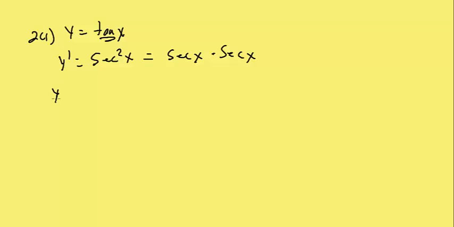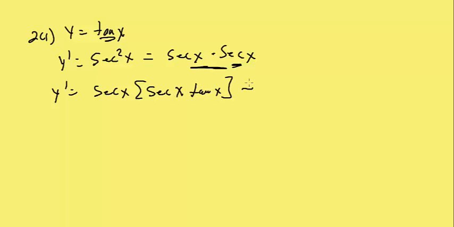So I have to take the second derivative using a product rule. First, secant of x, times the derivative of secant of x, which is secant of x times tangent of x, plus the second, which is secant of x, times the derivative of the first, which is also secant of x times tangent of x.